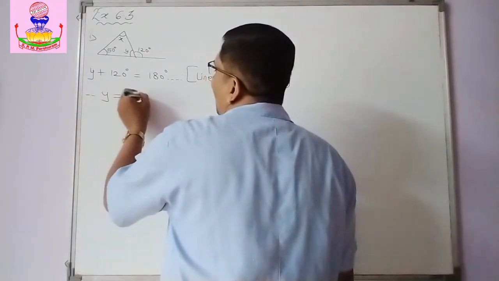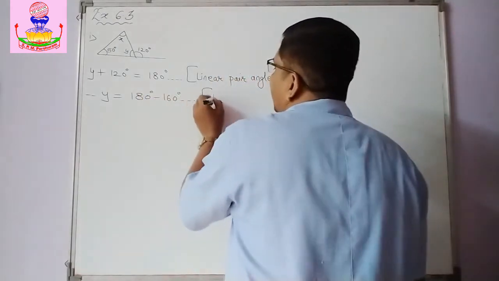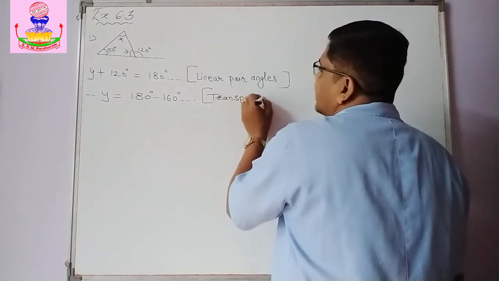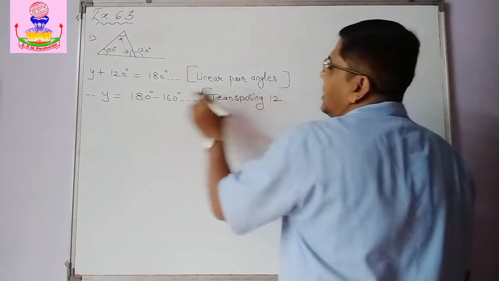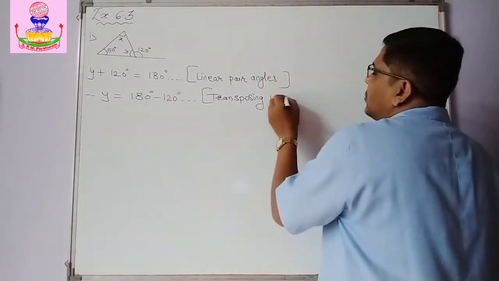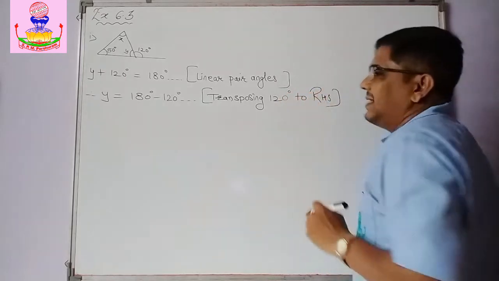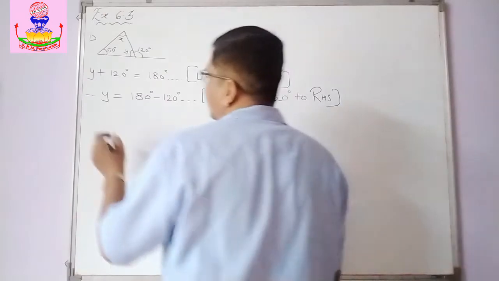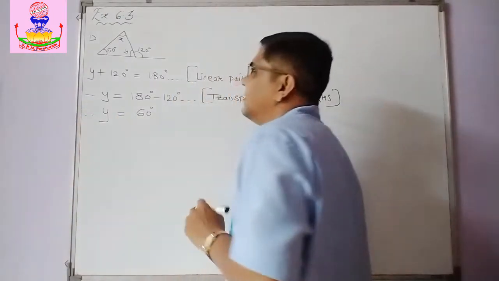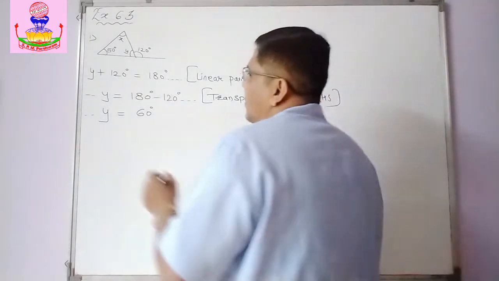So y is equal to 180 minus 120. What I did, transposing 120 degree to RHS, that is right hand side. So y is equal to 60 degree. So value of y is 60.